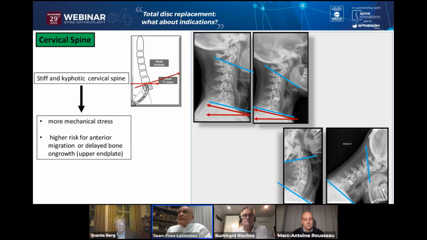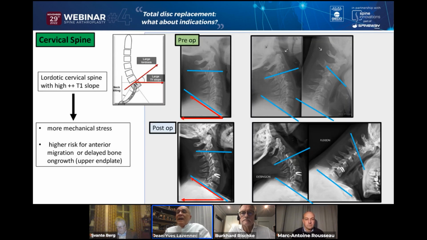Cervical spine to finish, and it was one of the questions to Marc-Antoine. The patient with a low T1 angle, so this type of stiff and kyphotic spine, we must be aware of this, and those patients with hyperlordosis with high level of T1 angulation of the end plate.